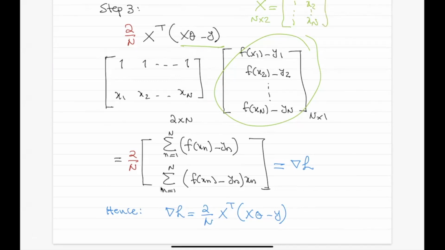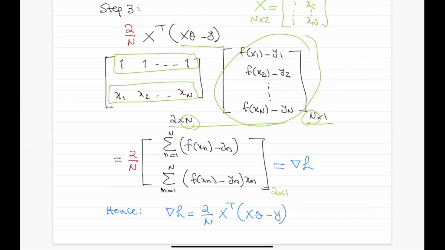If we find X transpose, meaning that we switch rows and columns, now we will have a row of all ones and a row of all features x1 through xn. And if you remember matrix-vector multiplication, the result will have only two elements, because this is 2 by n and n by 1. So these two neighboring dimensions match and the result is 2 by 1.